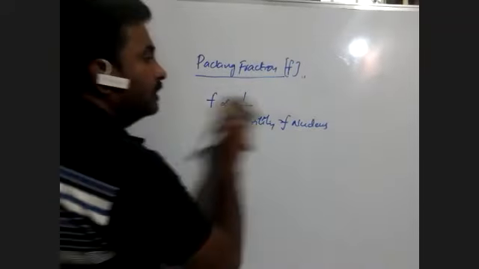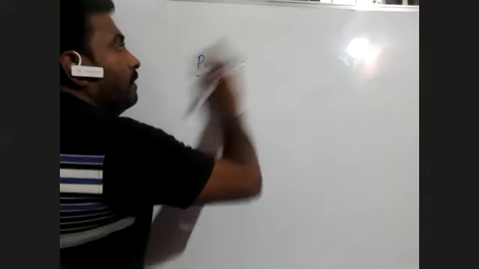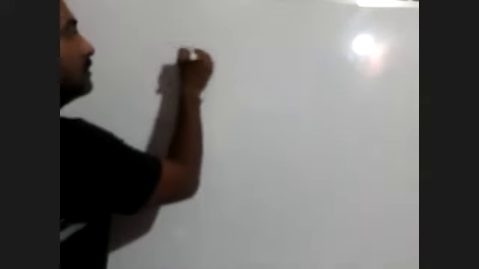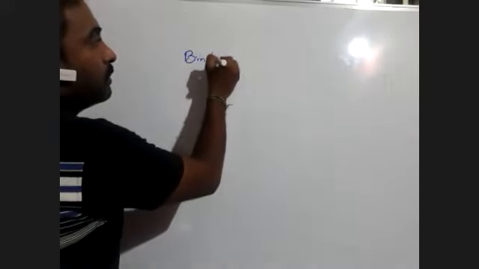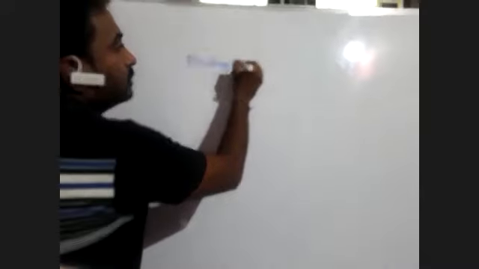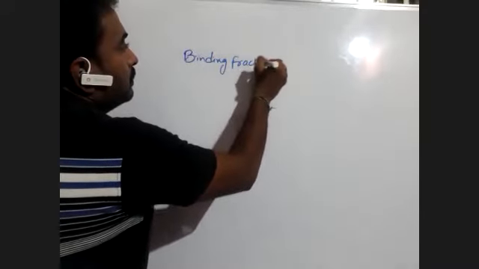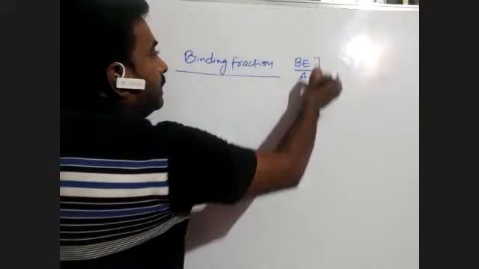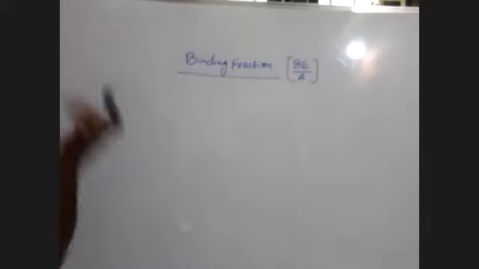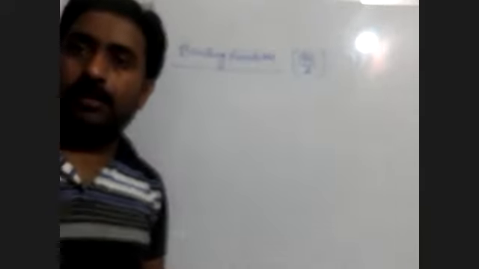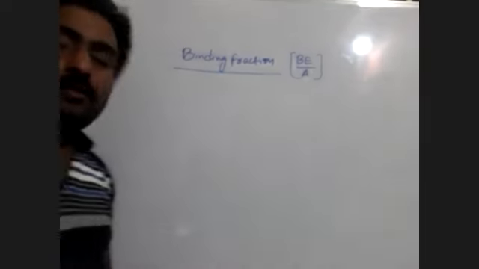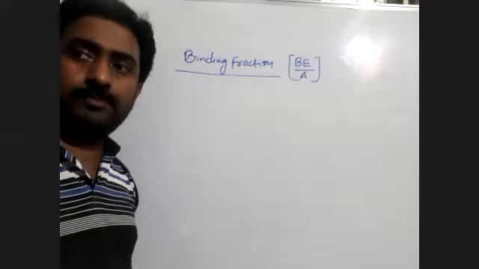And the next topic is binding fraction. Binding fraction is nothing but binding energy per nucleon, Be by A. The previous one is the mass defect fraction, that is delta M by A, which is called packing fraction.